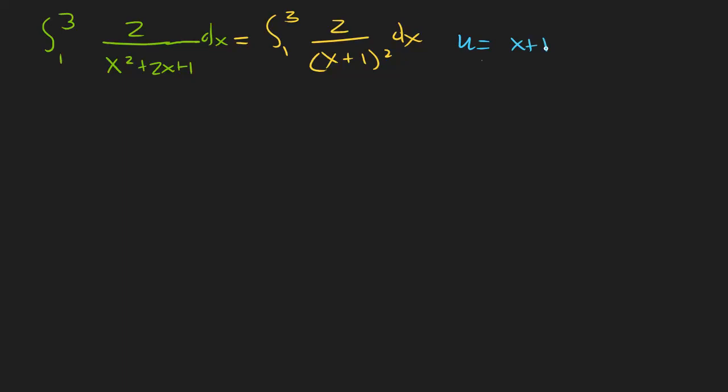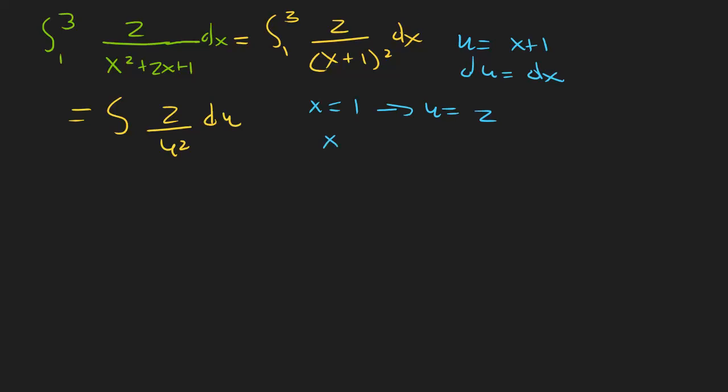This tells you that you have the integral of 2 divided by u squared du. If x is equal to 1, what is u equal to? It's equal to 2. If x is equal to 3, what is u equal to? It's equal to 4. So that means this limit is going to be 2, and this is going to be 4.